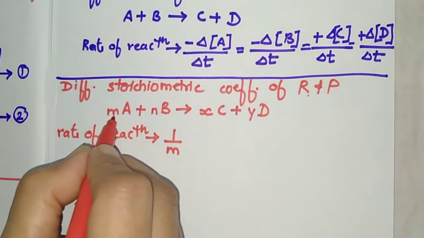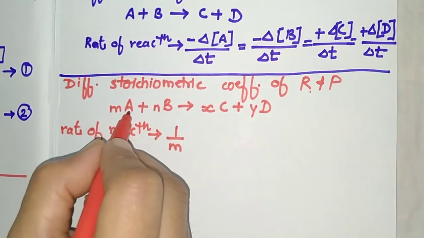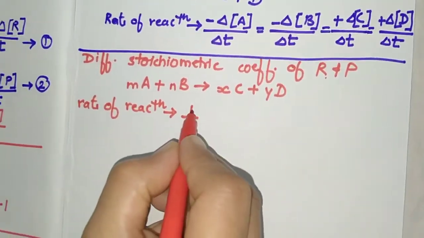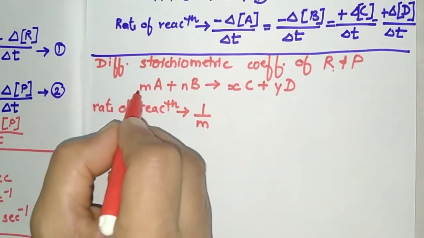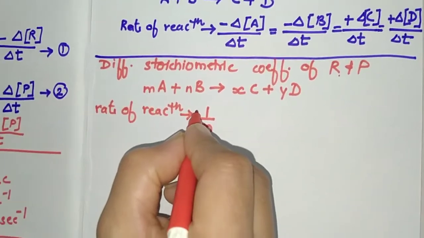This m is the coefficient of reactant A. It will be written in the form of 1 upon m, and because this is a reactant and it is decreasing, this will become minus.